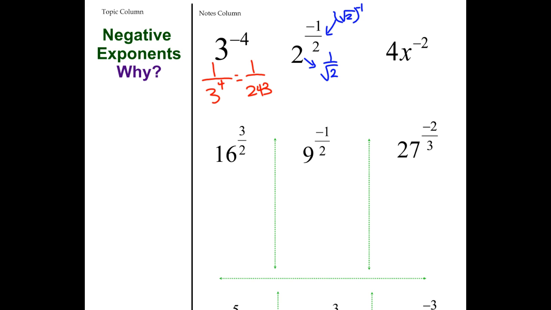Remembering our rules, we can't have a square root on the bottom. So I need to multiply by the square root of 2 over the square root of 2, which gets me the square root of 2 over 2 as my actual simplified version. And the last one over here, that negative 2 is only with the x because it's not in parentheses, so it becomes 4 over x squared.